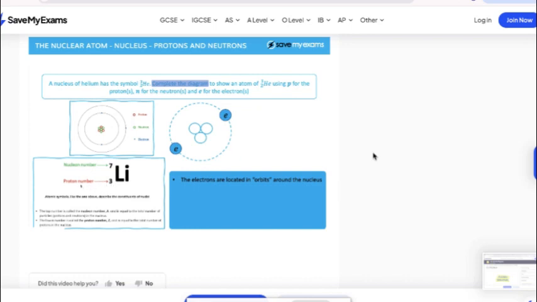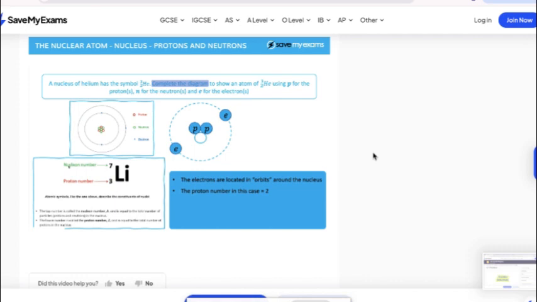Let's focus on the proton number. For lithium, the proton number is 3. We're worried about helium, where the number at the bottom is 2, which means the proton number for helium is 2, so there have to be 2 protons in the nucleus. So we can go and fill those in.